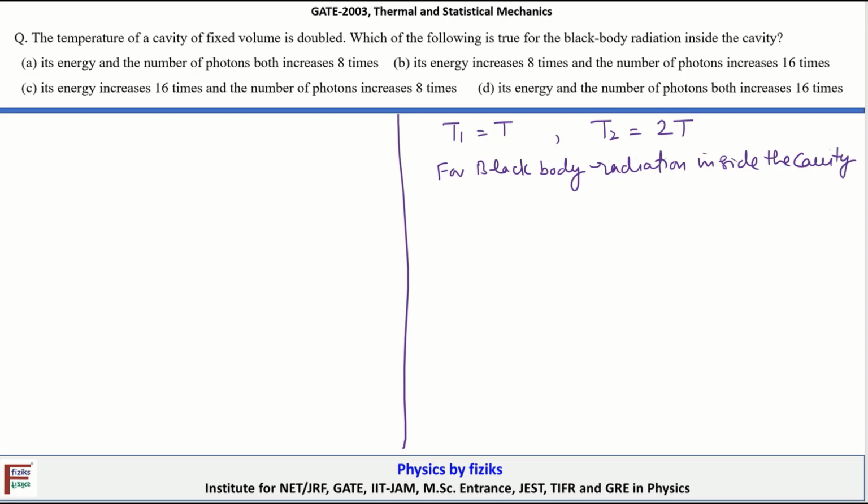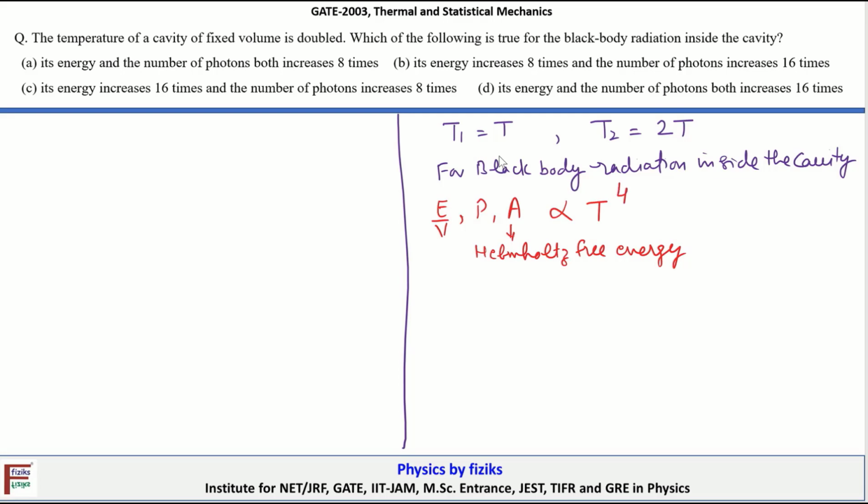What are these results? For instance, the energy density inside the cavity, the pressure, and the Helmholtz free energy A. All these quantities are proportional to T power 4. So they vary with T power 4.